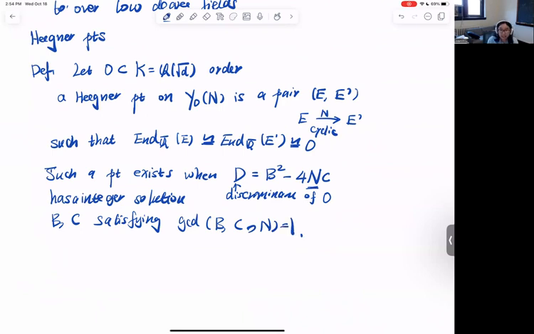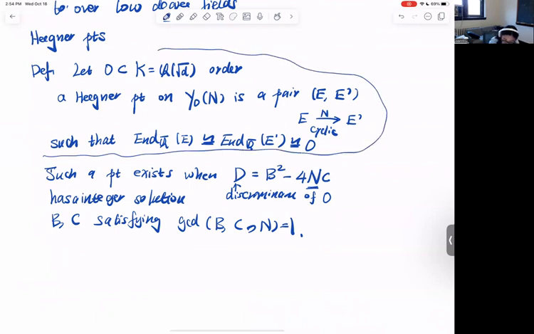When this condition is satisfied, such Heegner points given by O exist on this Y naught of N for this capital N. Okay.